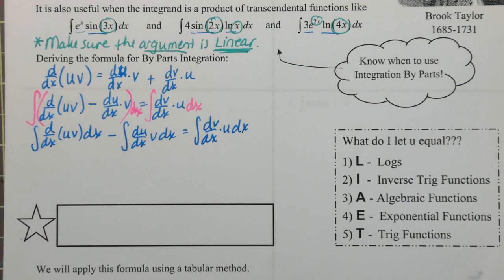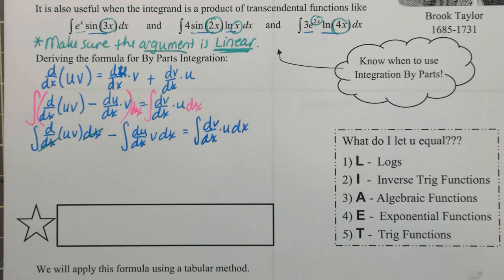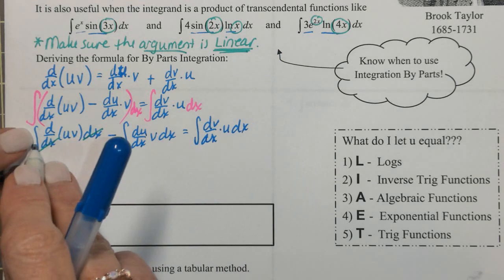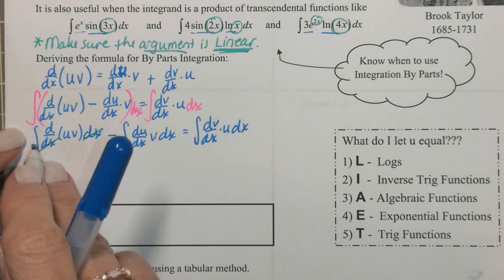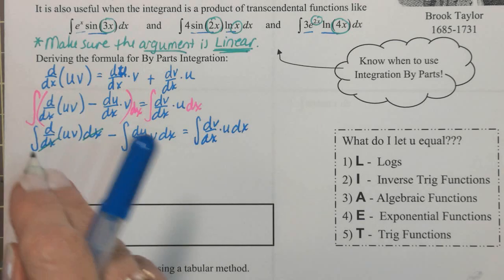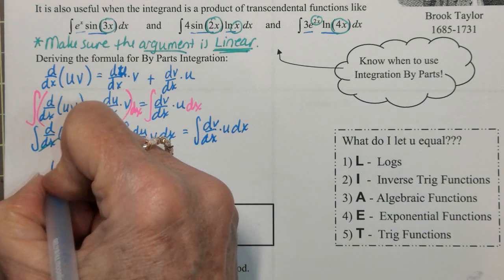Okay, so for this first piece right here, I think of it as the dx's are canceling out, and I'm left with the integral of the derivative of uv. The integral and the derivative cancel each other out. We're left with just uv.